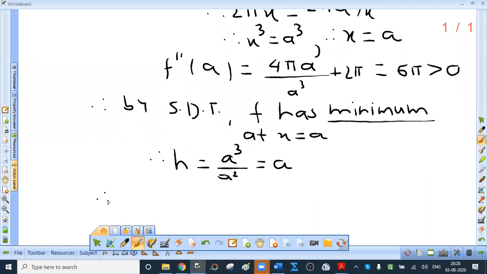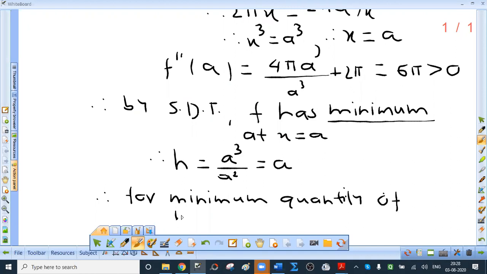Therefore, for minimum quantity of material. See, you have to write the final answer in this form only.